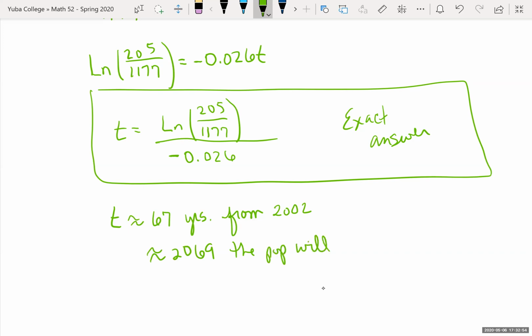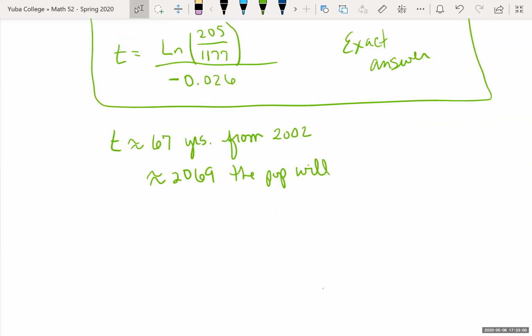So if things continue to decrease at that rate, in 2069, the population will reach that.